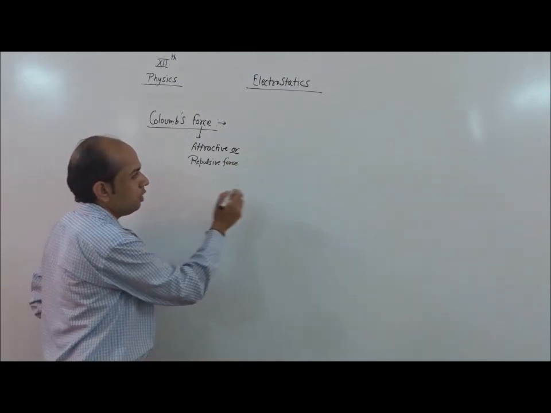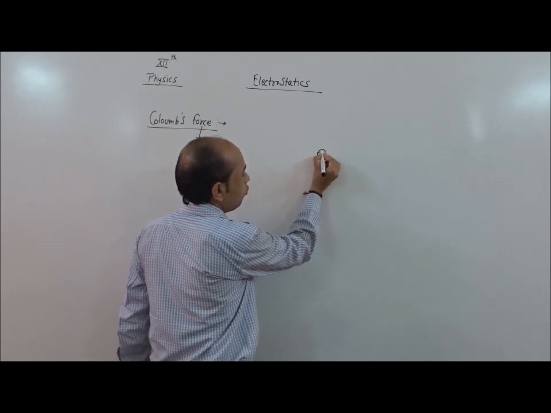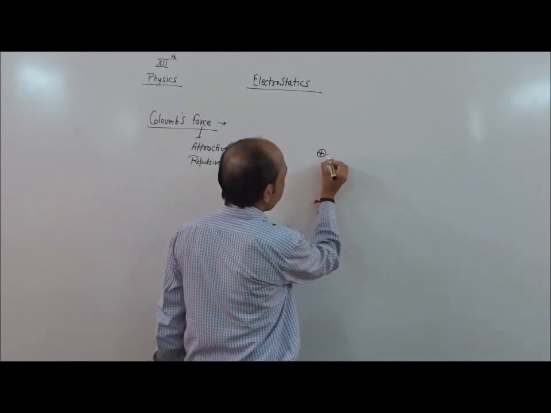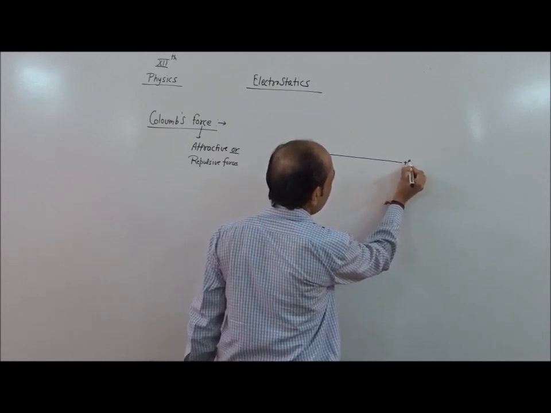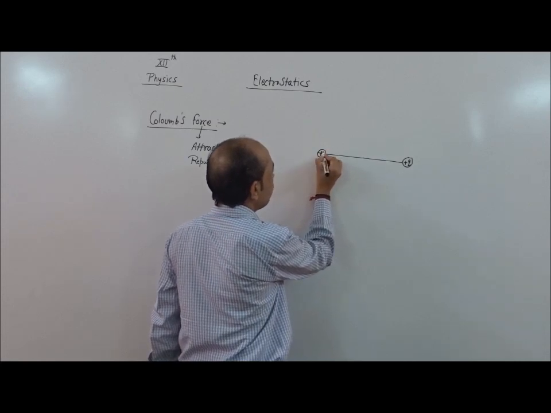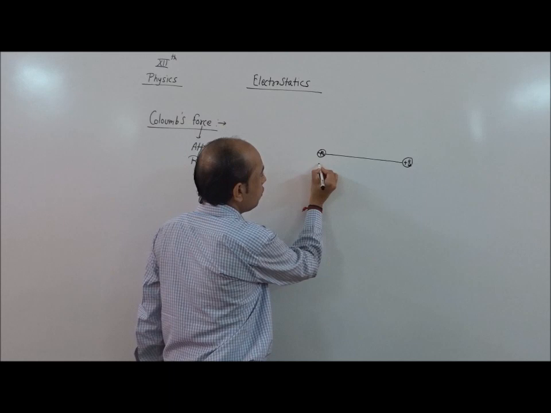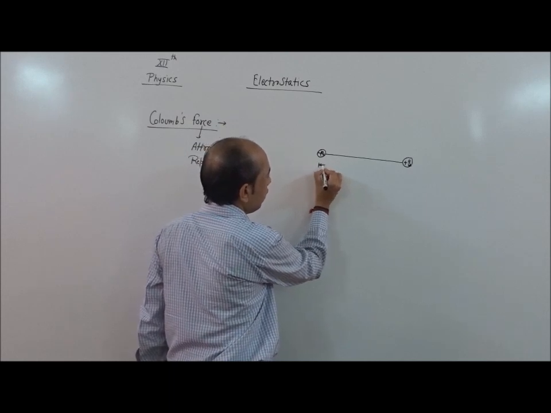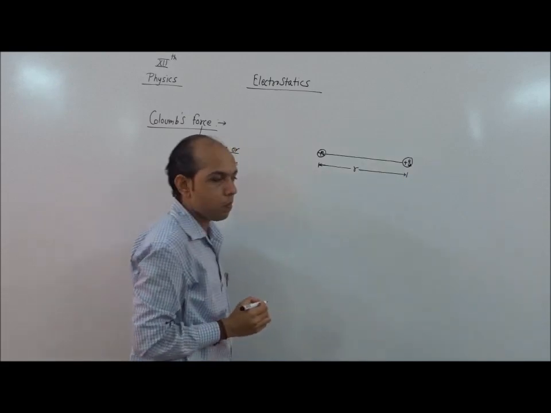In order to explain it, first we draw two charges, positive Q and another one again positive. This is the positive Q1 charge and Q2 charge. Both these charges are separated by a small distance r.